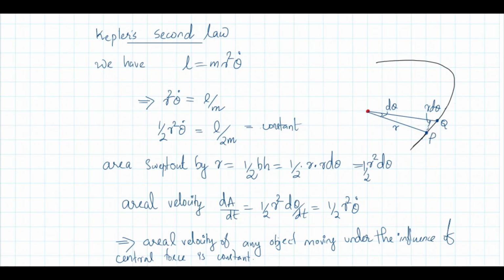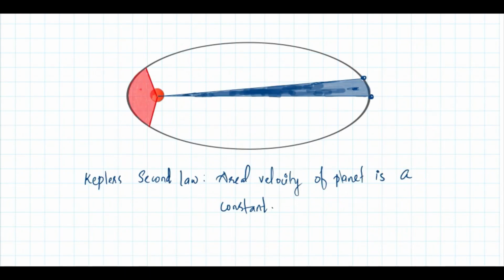So area covered in unit time, dA by dt, is half r squared d theta by dt. So it is half r squared theta dot. We already proved that this is a constant. That means areal velocity of any object moving under the influence of any central force is constant.